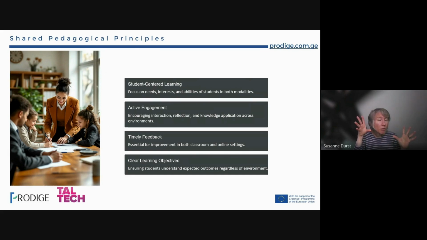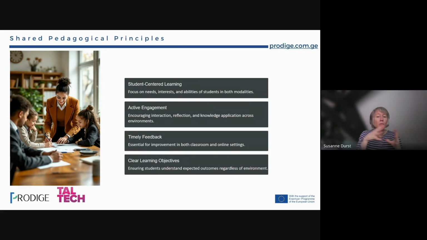So when we are thinking of both modalities, there is this focus on student-centered learning. Both modalities try to put the needs and the interests of the respective students at the core, and think about the best ways to help this person learn and to reach not only the objective of the respective course, but of the entire program.